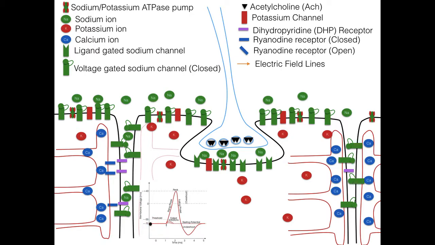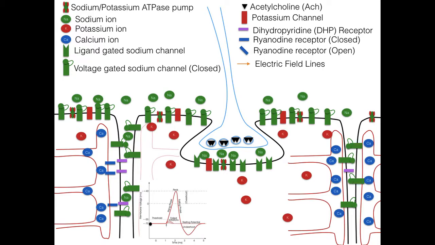That means that there's a -70 millivolt difference of charge between the outside and the inside. You don't need to know exactly what that means, but you need to know that -70 is the resting potential. If the cell's not undergoing an action potential, that's where it sits.